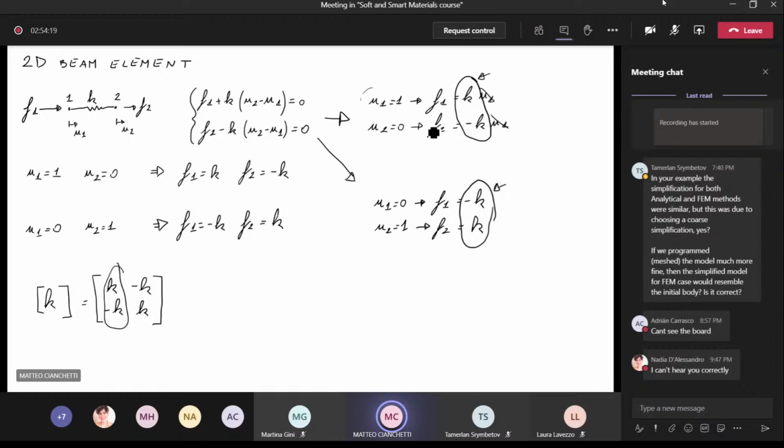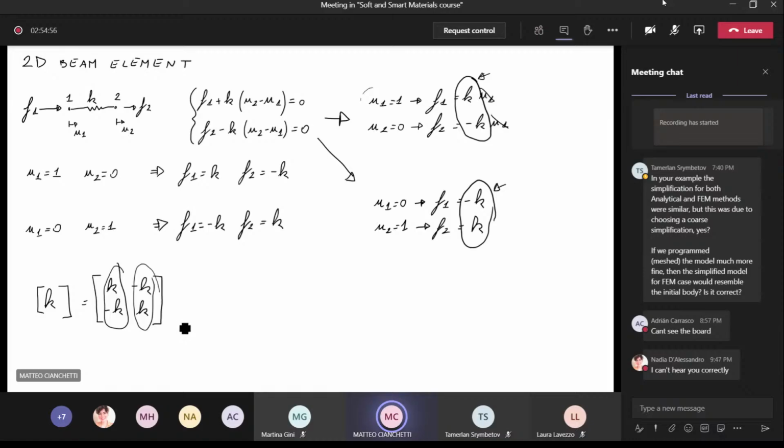The second column of the element stiffness matrix can be achieved by setting 1 the corresponding degree of freedom and 0 all the others. So in this example, the second column is obtained by setting 1 the second degree of freedom and 0 all the others, that in our case is only U1 for simplicity. And the result, so the vector of loads, is exactly what we have in the second column of the element stiffness matrix.